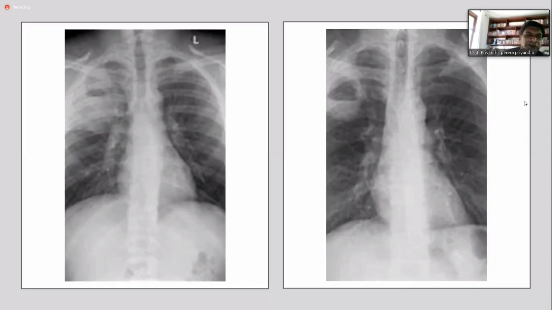What will you notice if you auscultate in this area? If you auscultate just above the air fluid level, you will have bronchial breathing. So bronchial breathing will be heard just at the level of the air fluid interface.